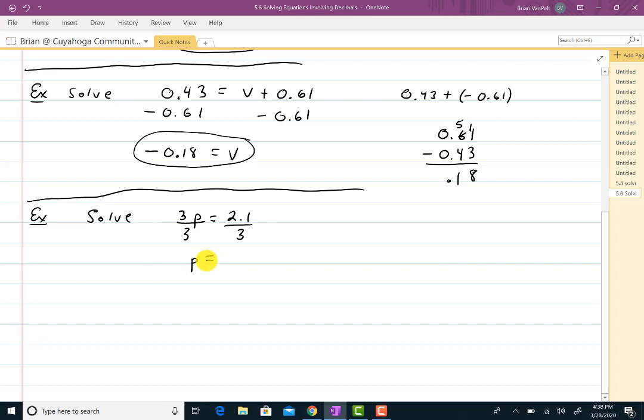And now all I have to do is 3 into 2.1. So let's see how it works. 3 doesn't go into 2. Let me keep bringing in the decimal. But 3 does go into 21 exactly 7 times. Since the remainder is 0, I know that my answer is 0.7.